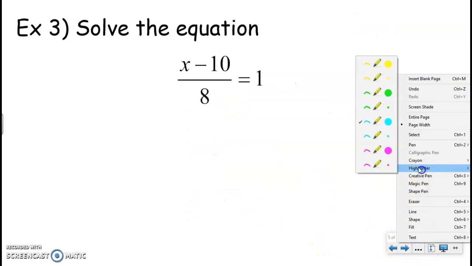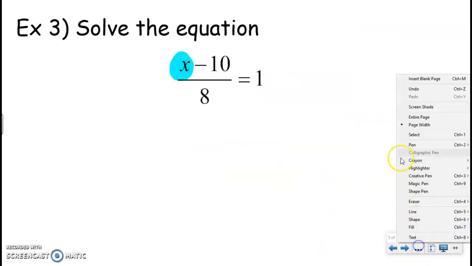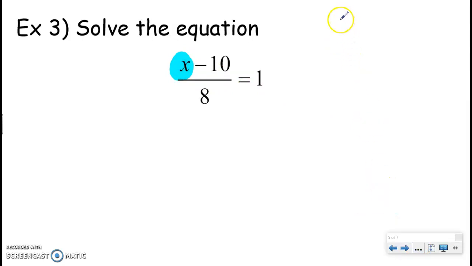This one looks a little different, even though it actually has a fraction. Notice where my x is. If I were to do order of operations here, it would tell me to do x minus 10 first, and then divide by 8. So if I'm going to solve for x, I need to work my way backwards. The opposite of dividing by 8 is to multiply by 8 on both sides. So my 8's cancel.